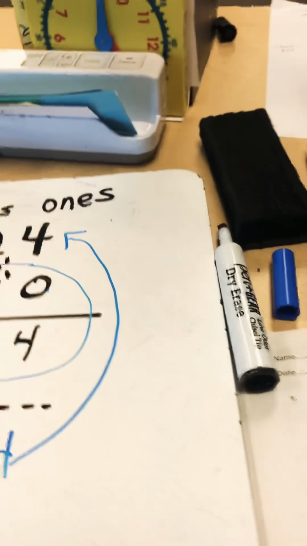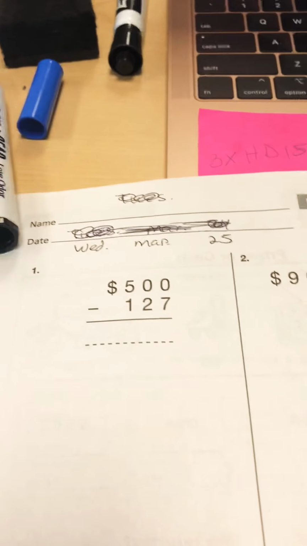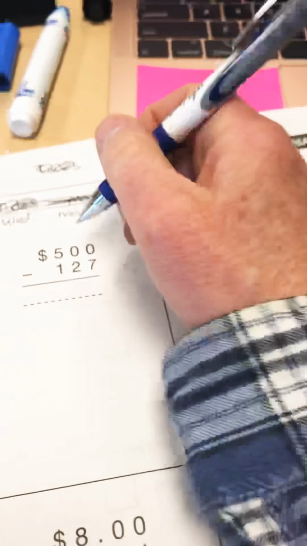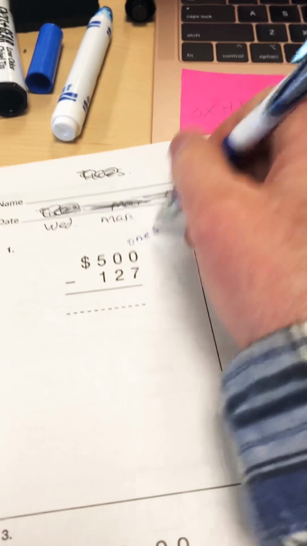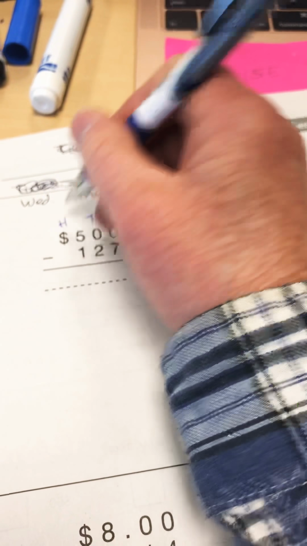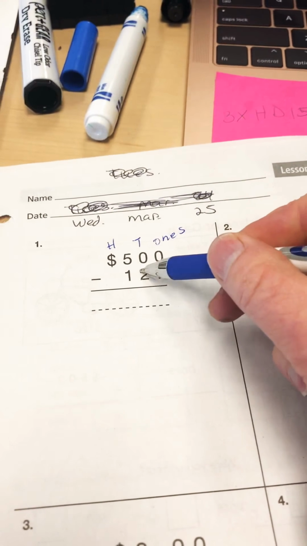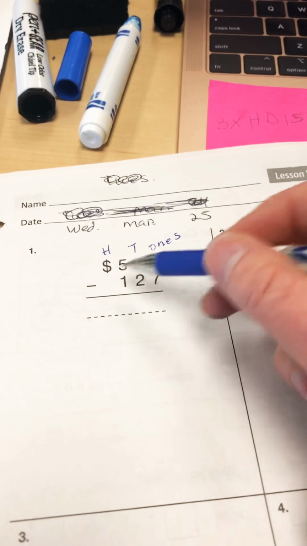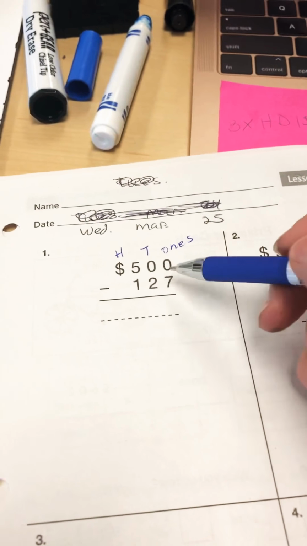So for your worksheet today, we have 500 minus 27. So we need to practice this one. So I have the ones, the tens, and the hundreds. So I have 5 hundreds, 0 tens, and 0 ones or pennies. I'm subtracting $127.